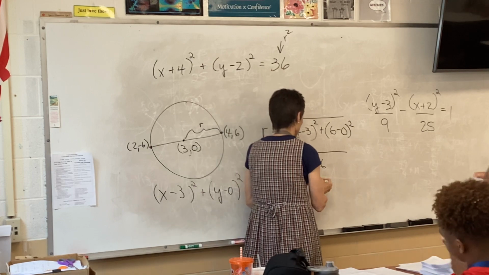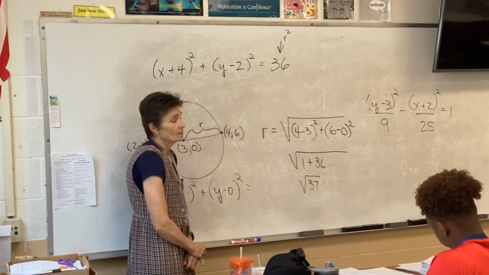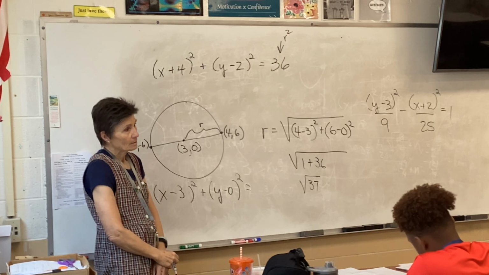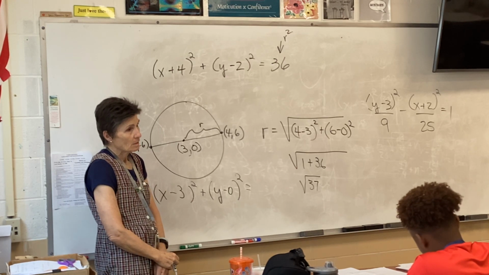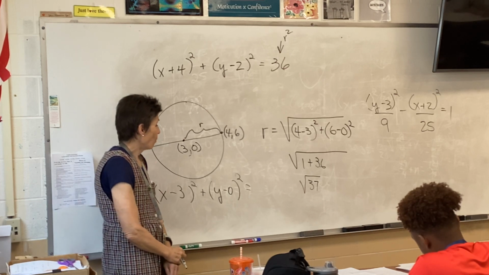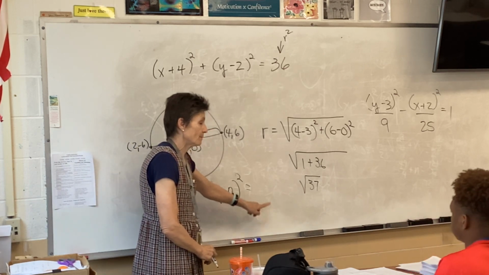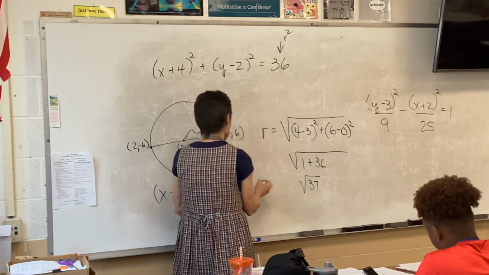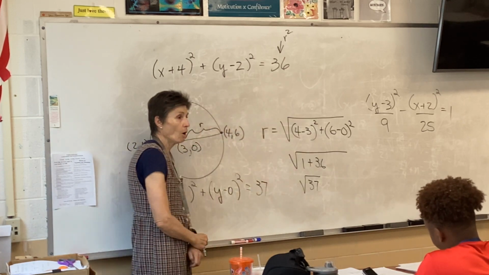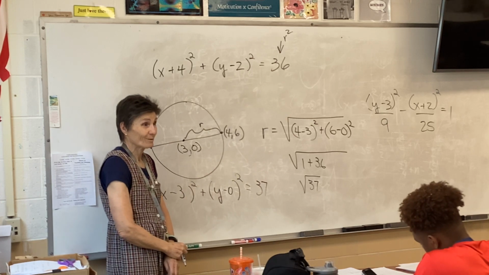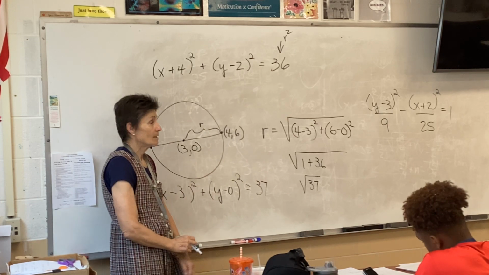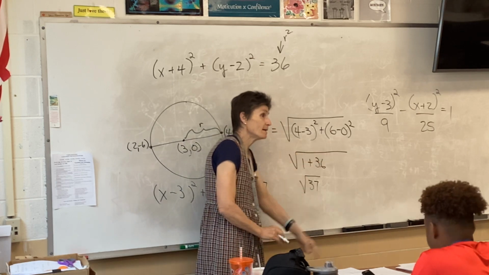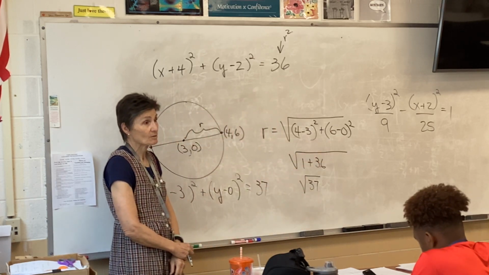I got the square root of 37 when I did my arithmetic. What number goes here? 37. Because in the equation, guys, is always r squared. So this is your x minus your x, your y minus your y. Square them, add them together, and take the square root.